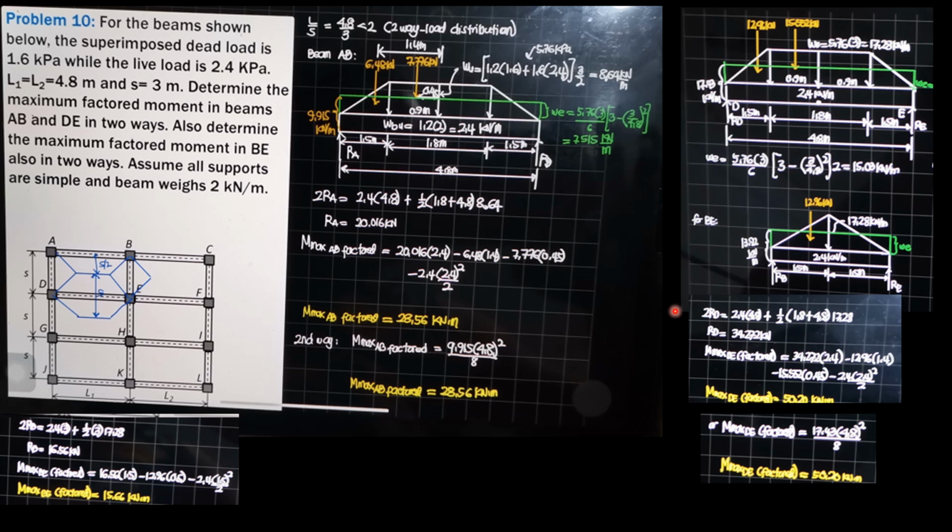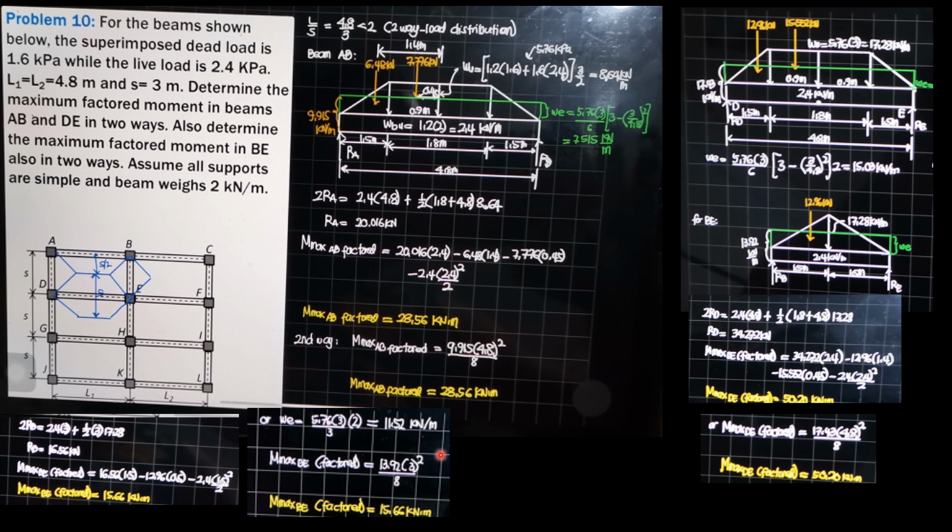In terms of the equivalent load, so equivalent load WE is PU, which is 5.76 S3 over 3 times 2. So W equivalent, PU 5.76 S3 over 3 times 2 for an interior member. So 11.52 kilonewton per meter.